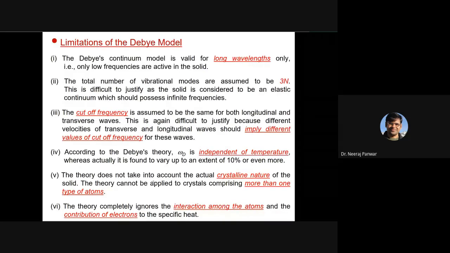We will try to understand what we mean when we say the solid possesses crystalline nature. So the Debye theory does not take into account the crystalline nature of the solid. The theory cannot be applied to crystals comprising more than one type of atom. And this theory completely ignores the interaction among the atoms and the contribution of electrons to the specific heat, as we have previously seen.